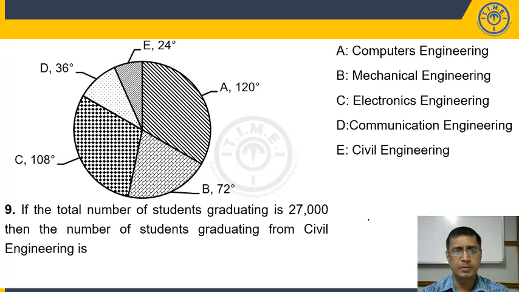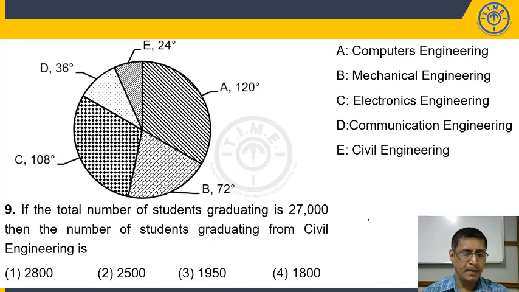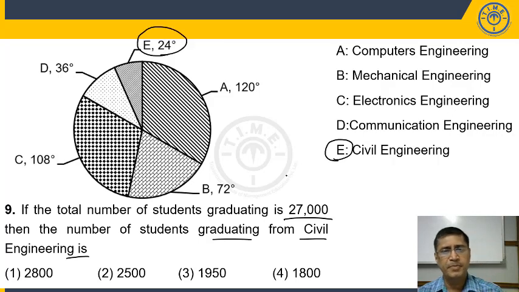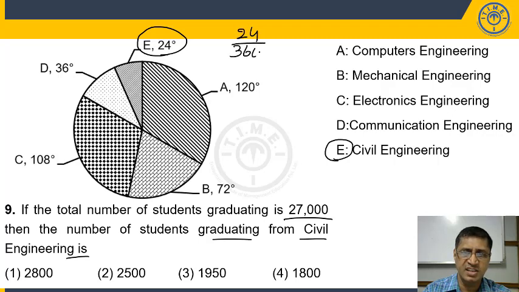Now based on this information, the question is, if the total number of students graduating is 27,000, then the number of students graduating from civil engineering is, civil engineering means E is the letter representing civil engineering. What is the degree here? 24 degrees. So 24 degrees upon 360.